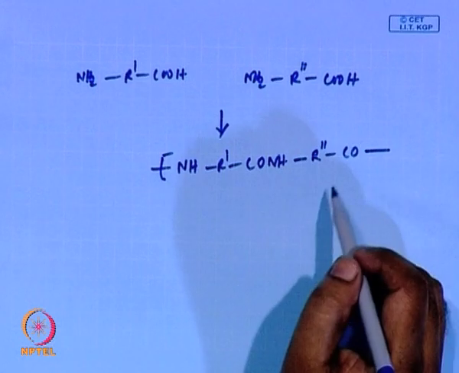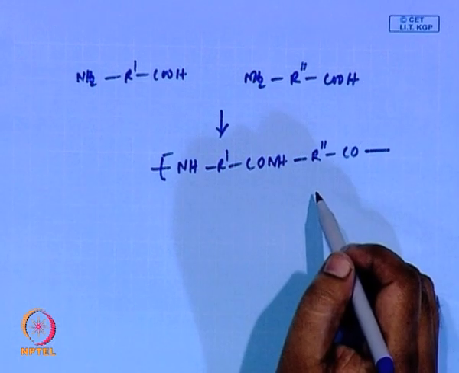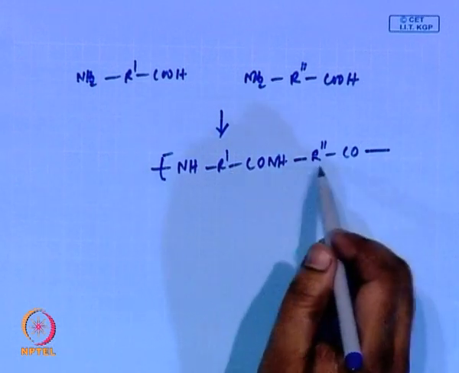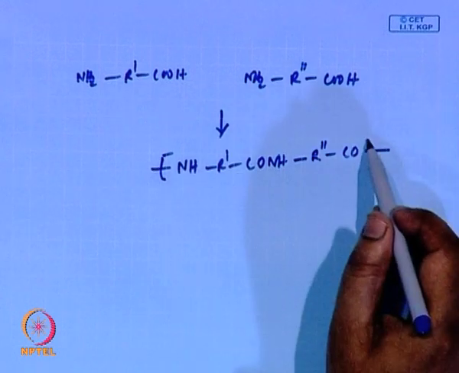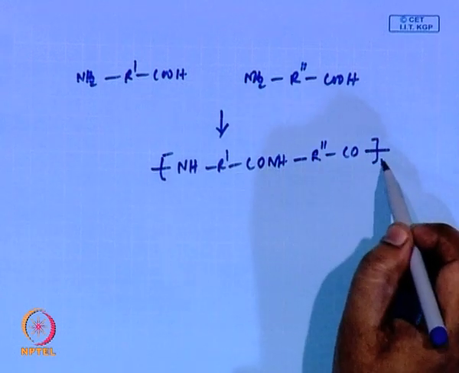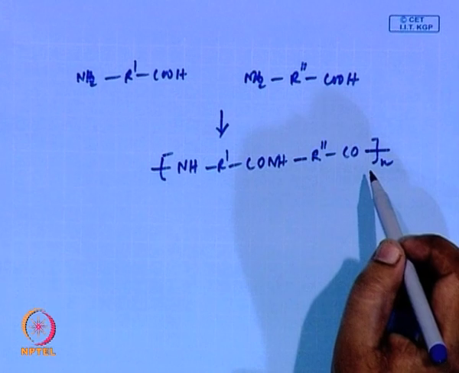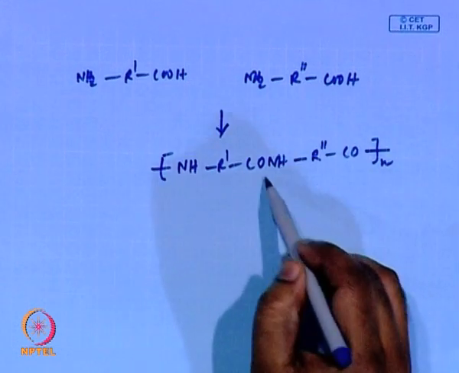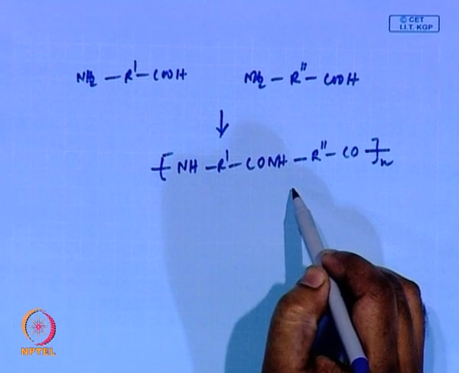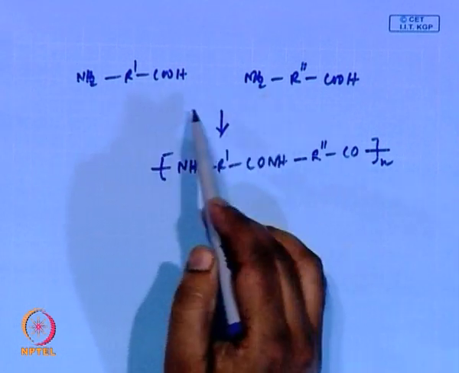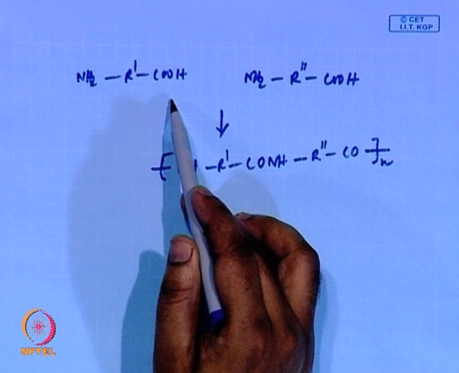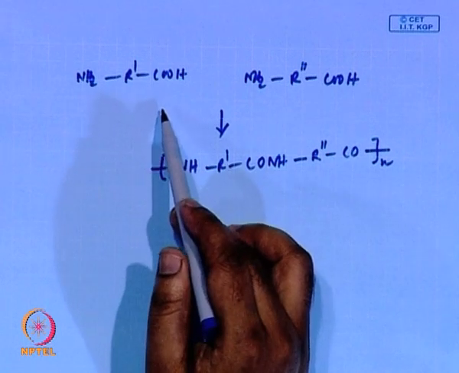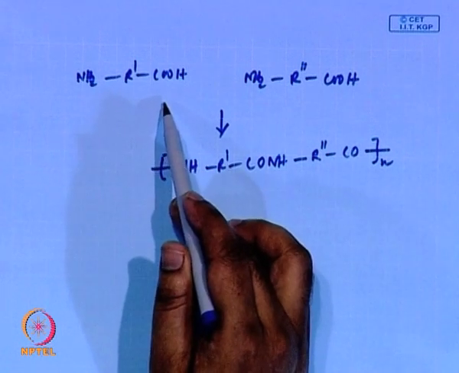Now, where do we put the bracket? Will they always be next to each other? Should I put the bracket here and put n like this? It may not be. It could be somewhere here and there could be another bracket here. So, this is one example of making copolymers in step by step polymerization.